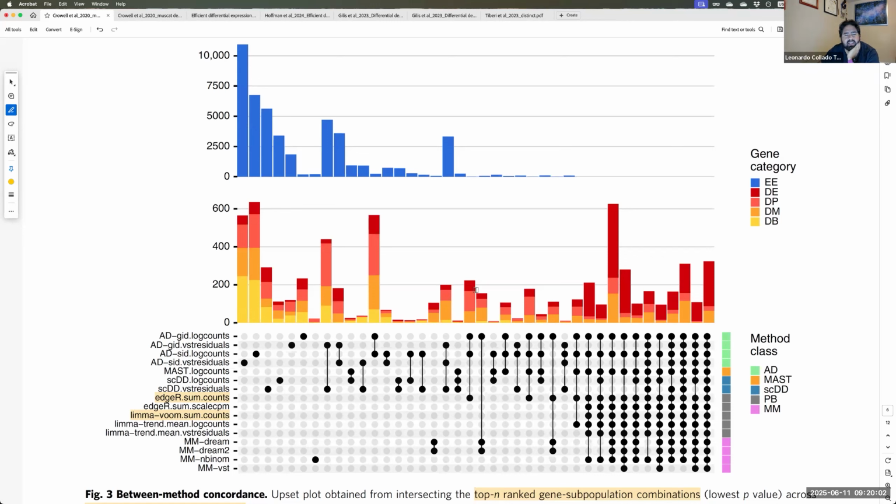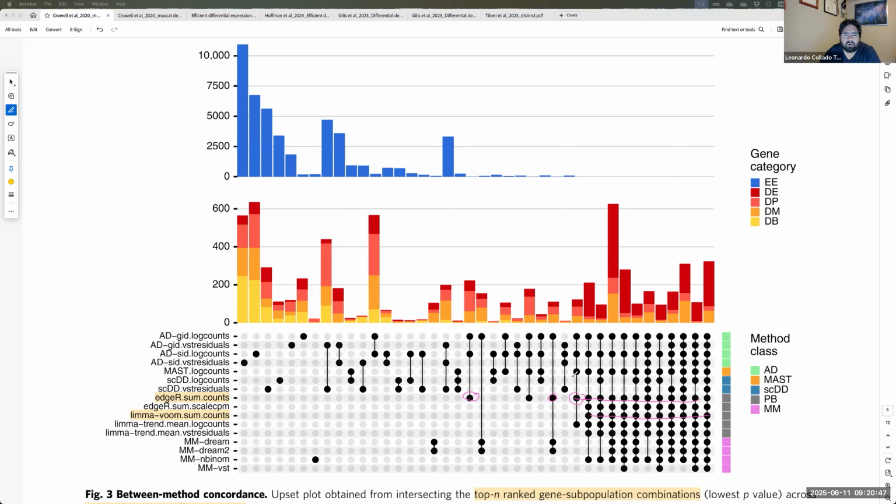There's a few other scenarios of testing. If we look at EdgeR or limma-voom counts, they don't really have much that overlaps other methods. Yes, it has this point over here, this point over there, a few other methods. Mostly they overlap. They're just different, those methods in these three columns.